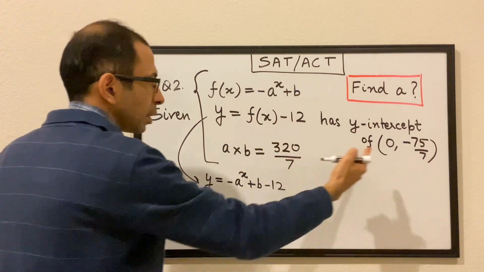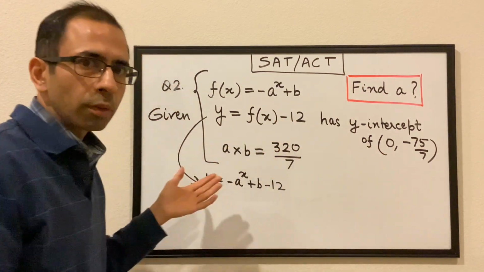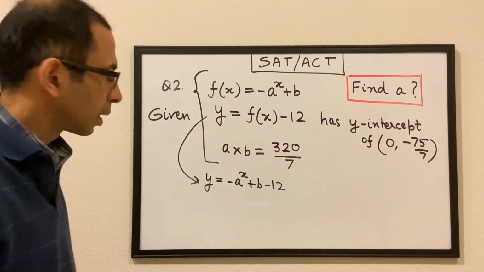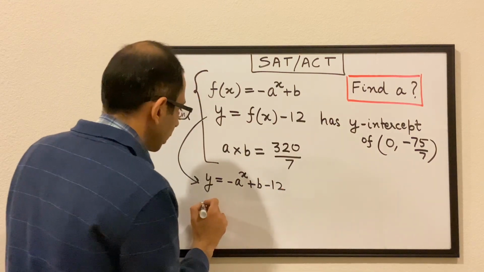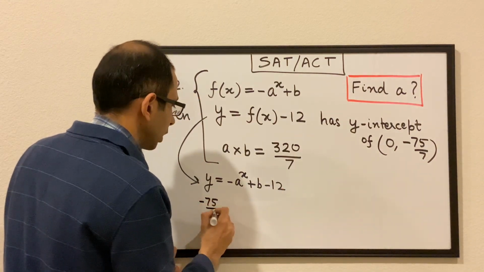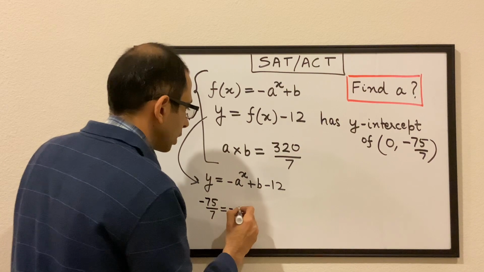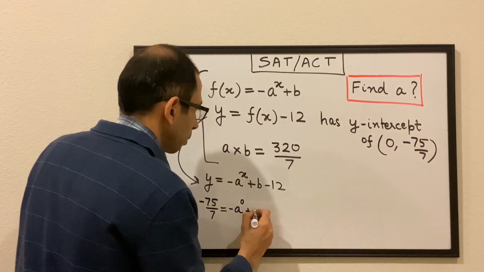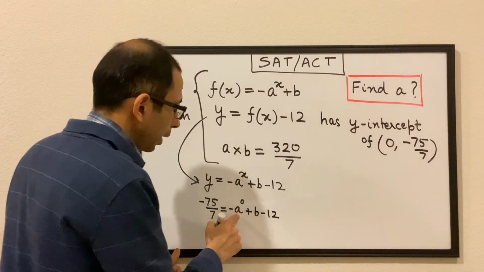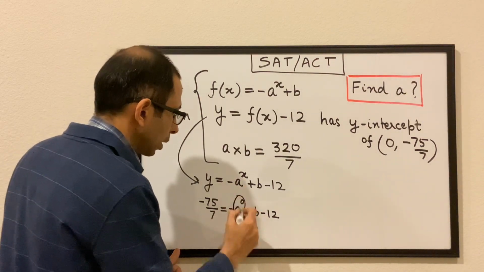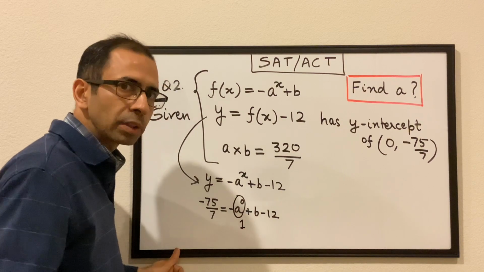Now when the y-intercept is given, we can plug the values of the x and y coordinates of the y-intercept and see what we get. So y is -75/7, equal to -a^0 + b - 12, right? a to the power of 0 is 1. Anything to the power of 0 is 1.